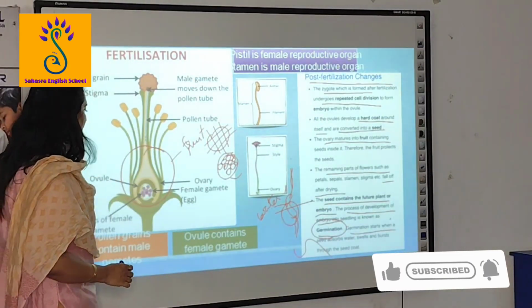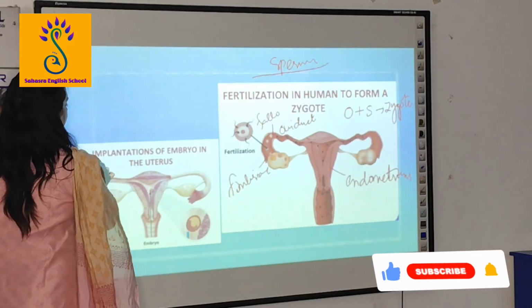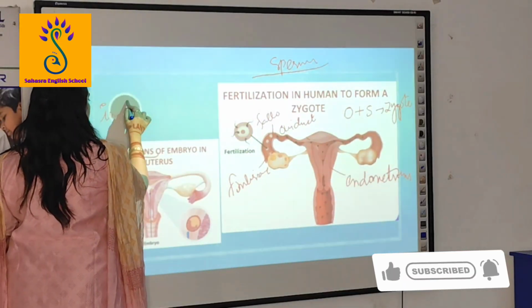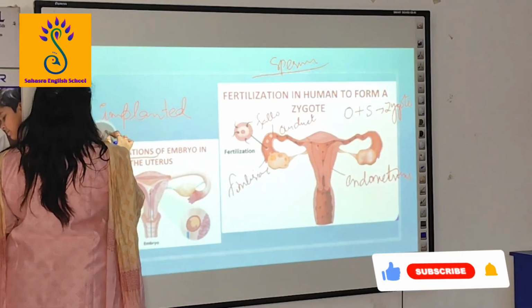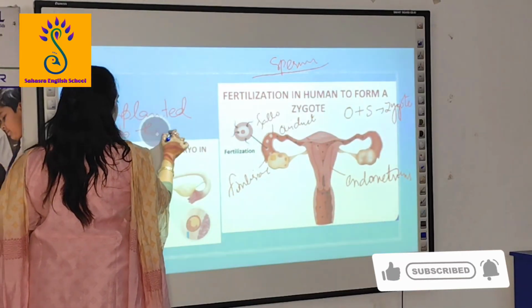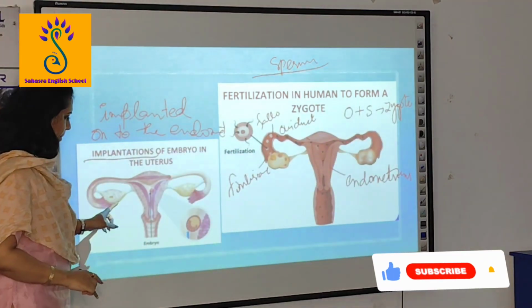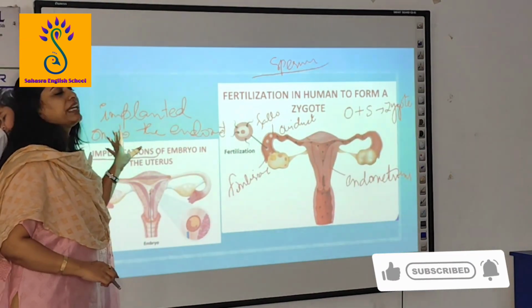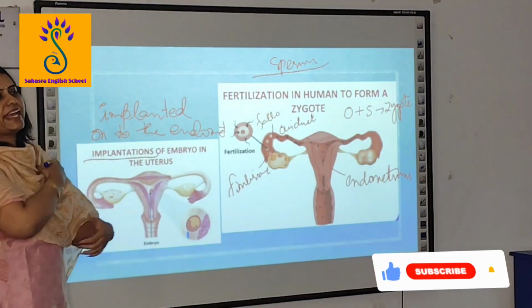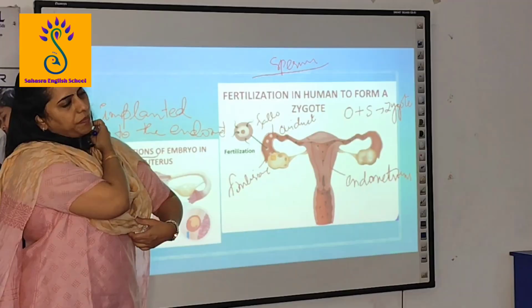This is called implantation. The embryo is implanted onto the endometrium, in the uterus. Then it is confirmed that she is pregnant.